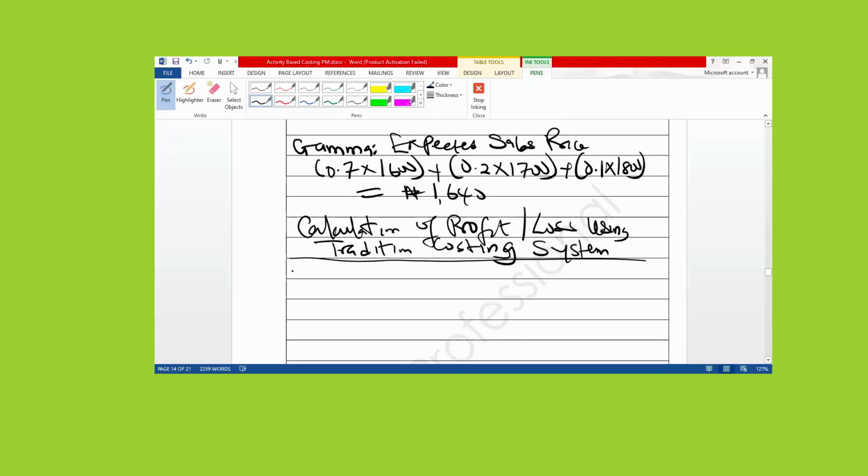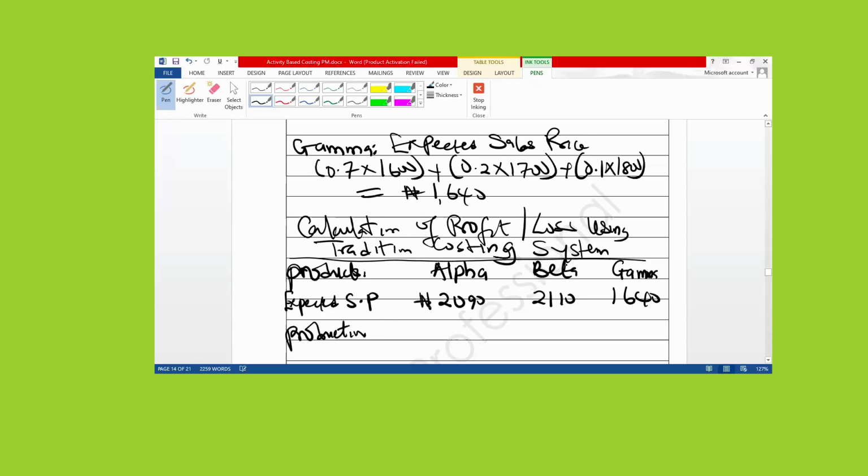You pick your products: product alpha, product beta, and product gamma. Pick your expected sales price, selling price. Here is 2090, 2110, 1640. Now go and pick your product cost.